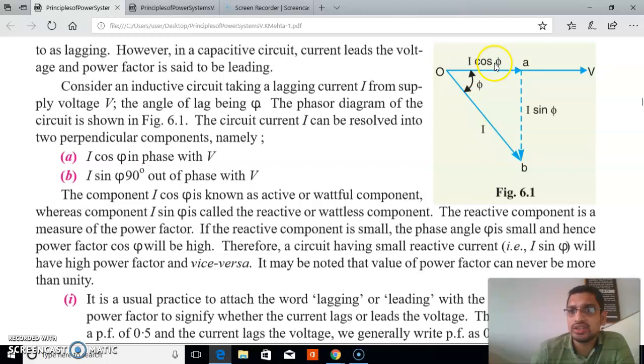I cos phi is the horizontal component and I sin phi is the vertical component of I. I cos phi is in the same phase as V, and I sin phi is out of phase with V, that means it is 90 degrees from V. The component I cos phi is known as the active or wattful component, whereas I sin phi is called the reactive or wattless component.